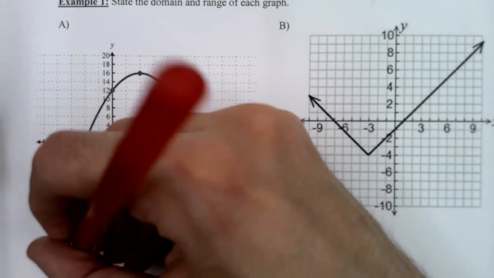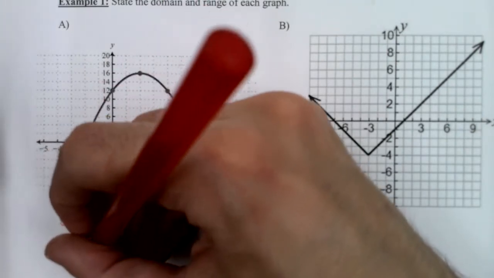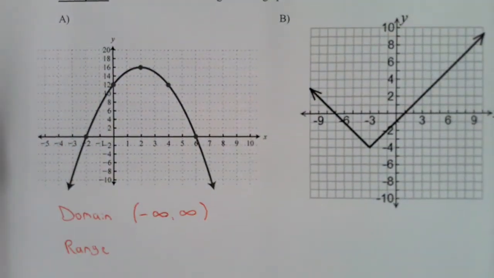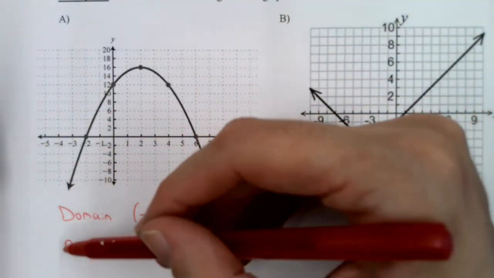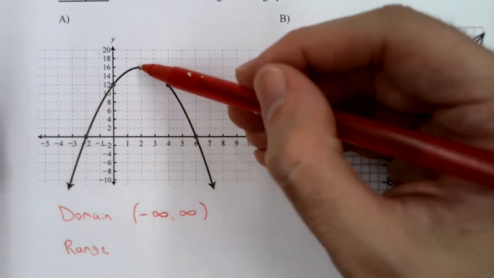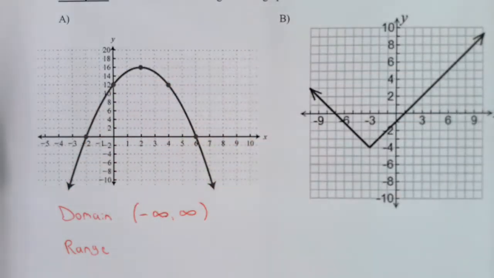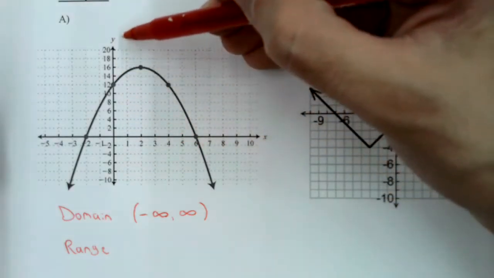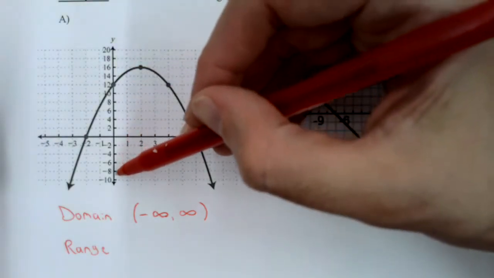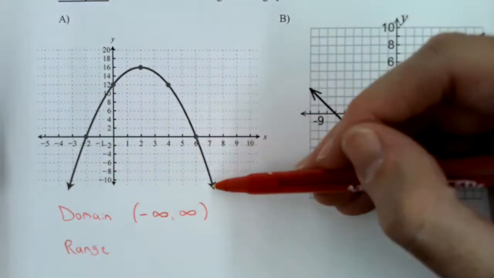The range is for the y values in this graph. What y values are covered in this graph? Well, it's going to keep going down forever, and it's going to go all the way up to 16 on the y-axis. Okay, we're looking for the y values in this graph. Okay, this is your y-axis. So the graph keeps going down in each direction.